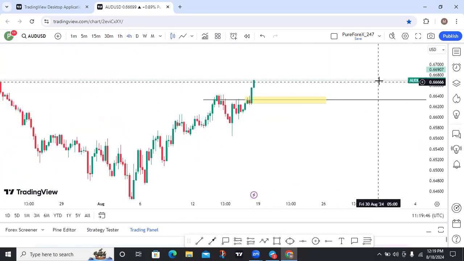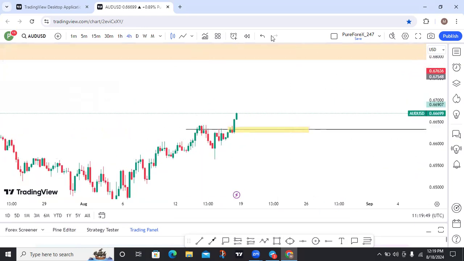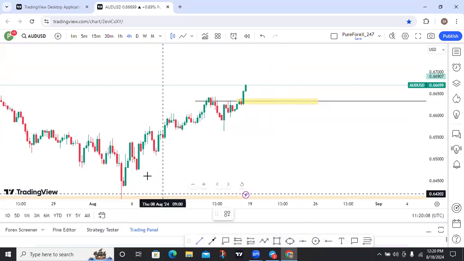So we can consider this area as a strong zone: when the market pushes a little up, or anytime the market wants to retrace, this is the point where we'll be expecting the market to retrace so that we can look for a buying opportunity. Also, I can look for other confluences like a trend line. I can also connect my trend line.